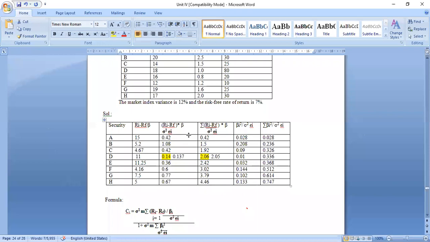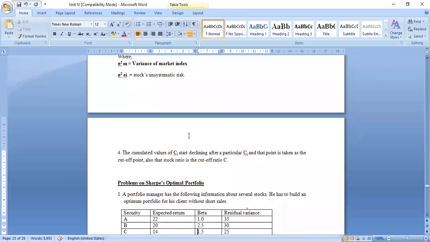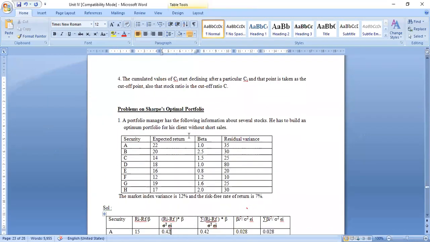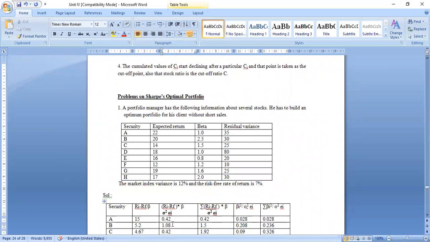So expected return is 22 minus risk-free rate of return is 7. Then we have to take the residual variance, which is given in the fourth column in the problem, divided by 35, into 1.0, that is beta. So we'll get the value as 0.42. In the same way, you're going to calculate it for the rest of the securities.